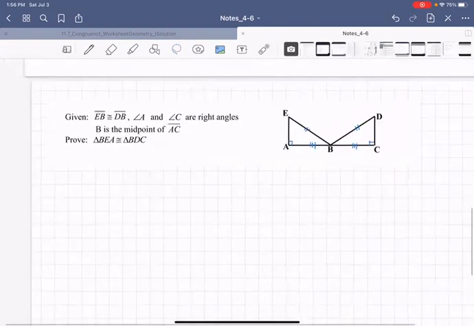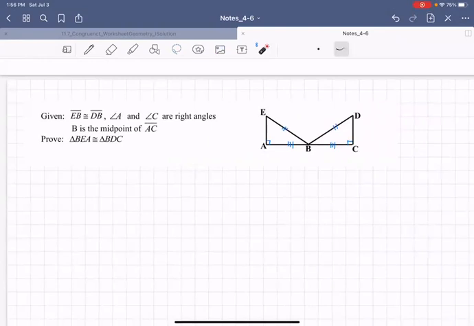Abby, let's prove this together. You want to use flowchart or you want to use two-column? Flow chart. Given line EB is congruent to line DB. Okay. Given angle A and angle C are right angles.